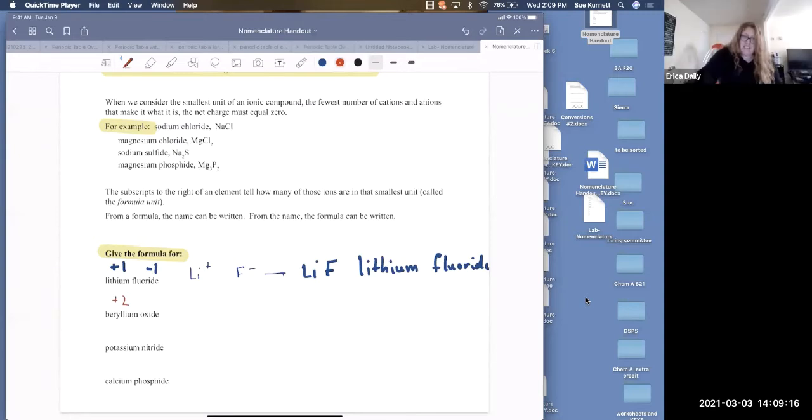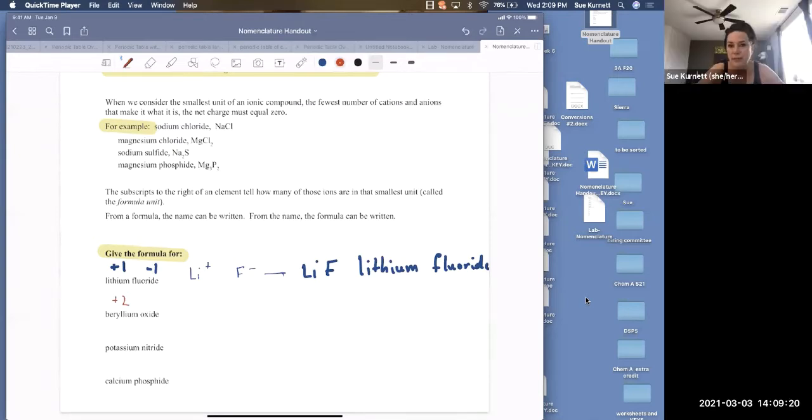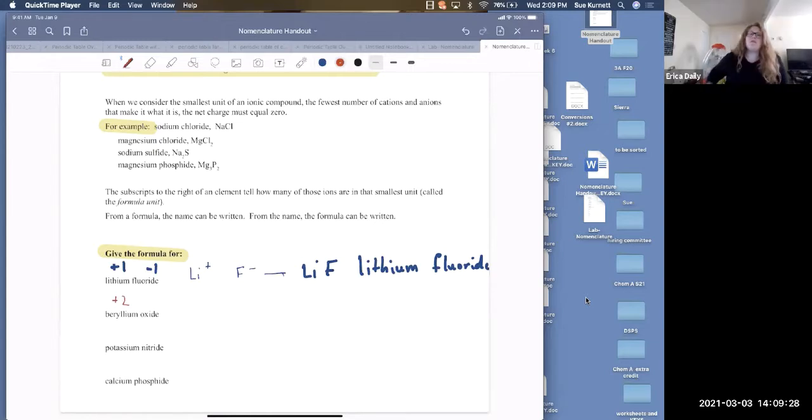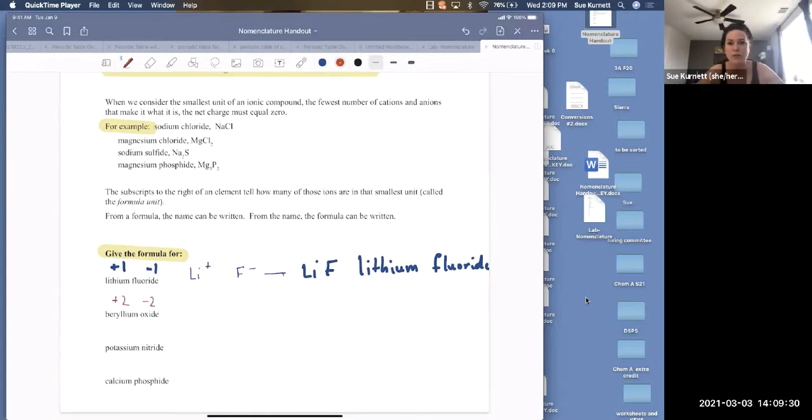In group 6. So things in group 6 want to be like things in group 8. How many electrons does oxygen need to gain to be like neon? -2. It needs to gain 2, and now it has 2 more electrons than protons, -2 charge. Perfect. And at any point, if you have questions, there are no wrong questions. All questions are good questions here.